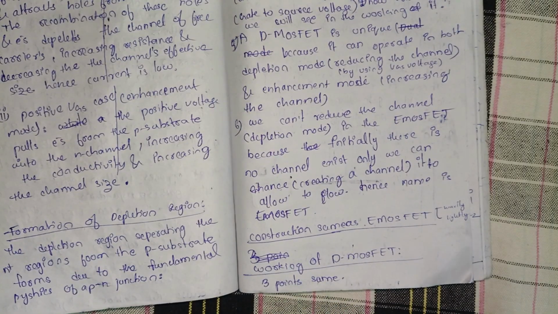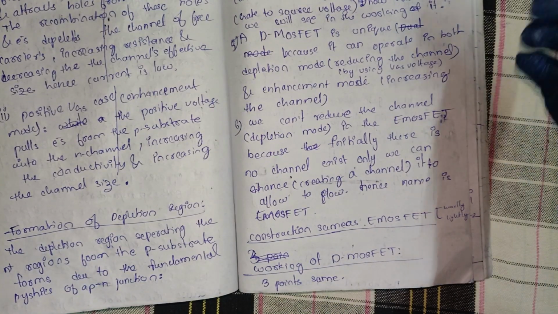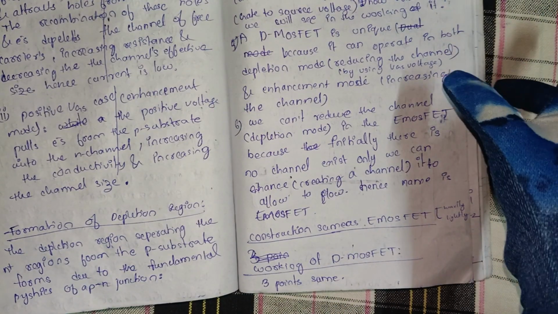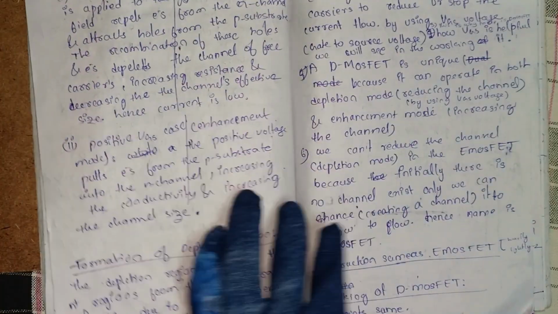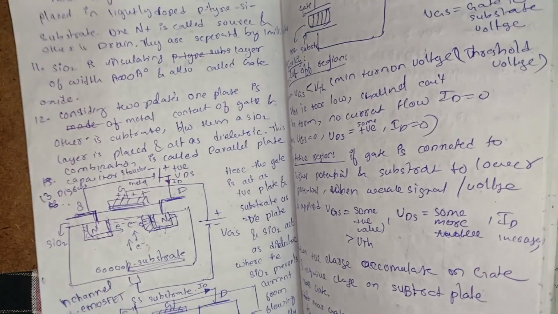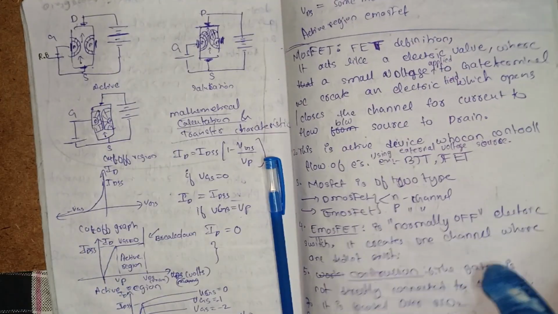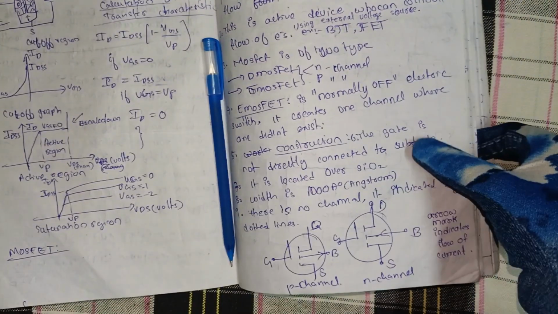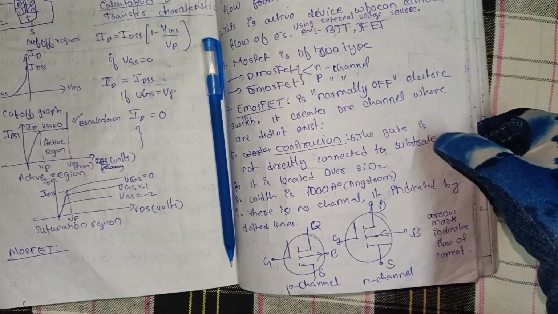Then the construction of D-MOSFET is the same as the E-MOSFET. The construction is that the gate is not directly connected to the substrate.